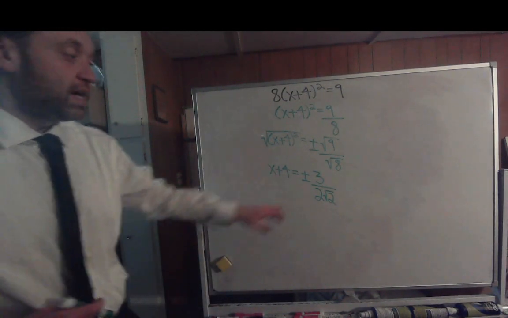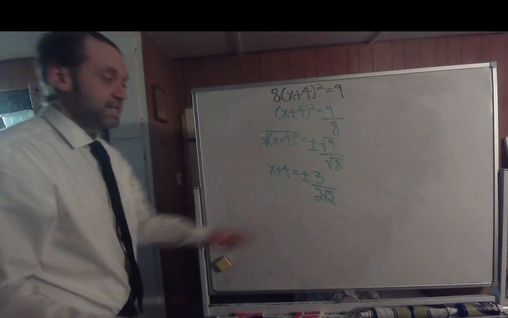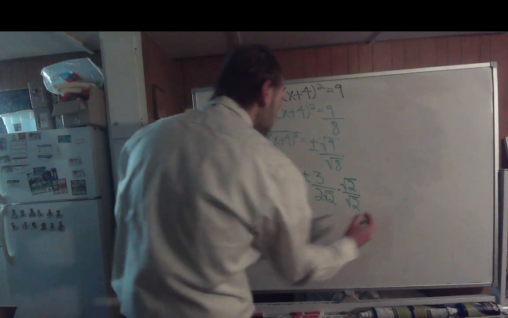Well, this is still not in simplest form yet. You need to rationalize the denominator, which means to get the square root out of it. So you'll multiply both numerator and denominator by the square root of 2.